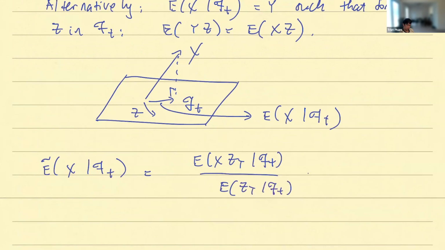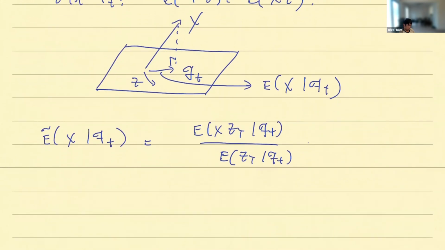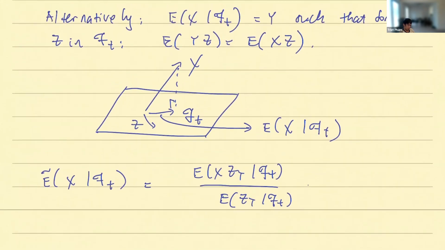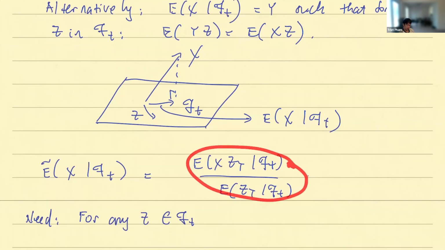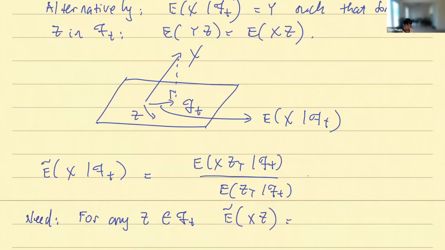Following this definition, what I need to show is that for any Z in FT, this is my Y, this is exactly Y, and this is my X. So E tilde of X times Z is equal to E tilde of this nasty piece.